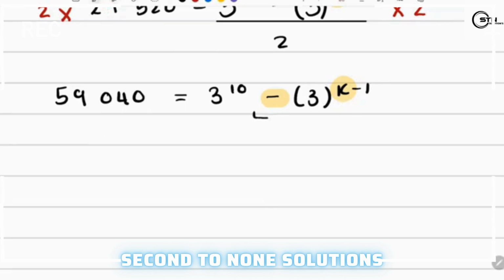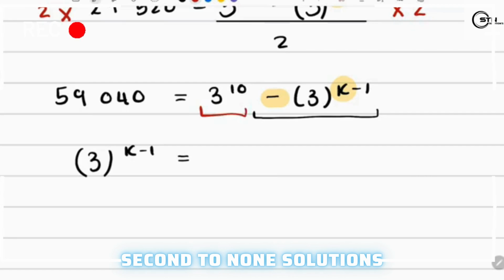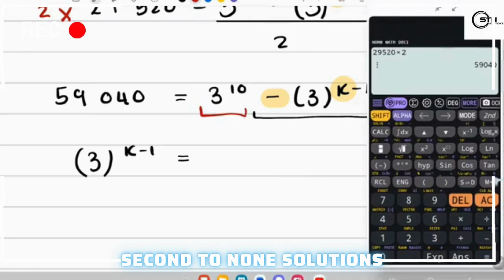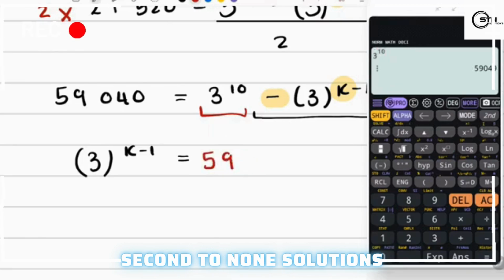Okay, so when I take this over, it becomes positive 3 raised to the power of k minus 1 is equal to, and I'm going to simplify this 3 to the power of 10. So 3 to the power of 10 on the calculator is 59,049.